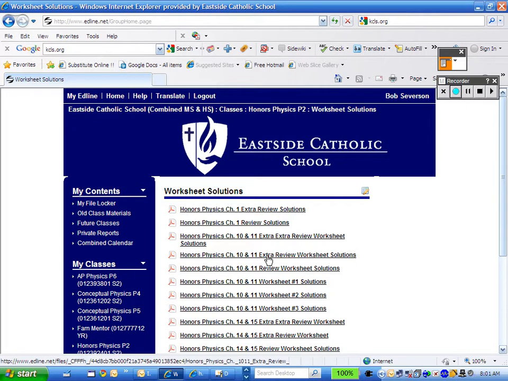So for instance, if you click on one of those, what it will load for you, and it takes a moment sometimes to load this, is a PDF file that shows how to solve every single problem on that worksheet. And so if I were studying for a test, I would want to find out how the teacher solves all the problems getting ready for an exam.